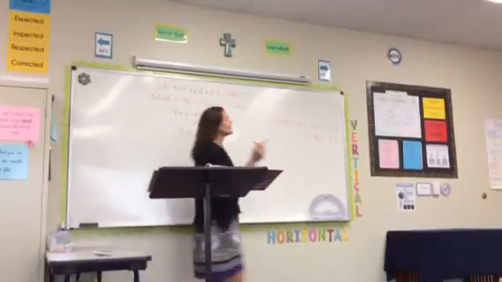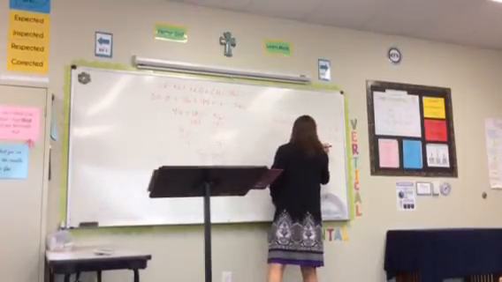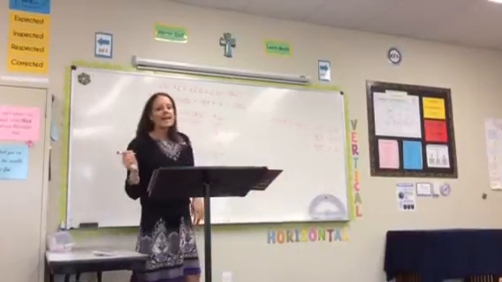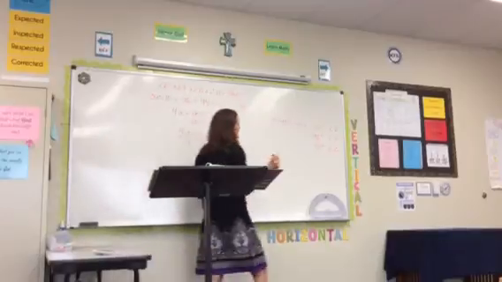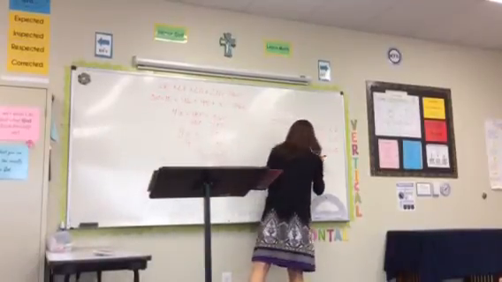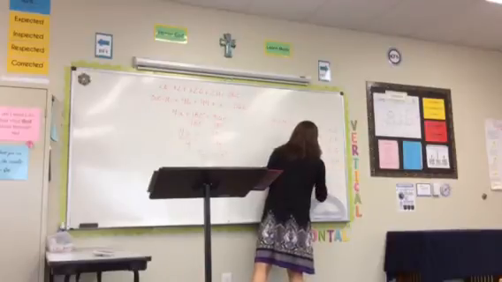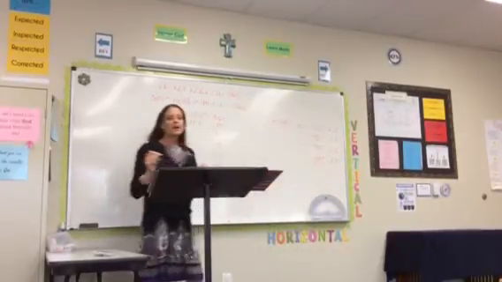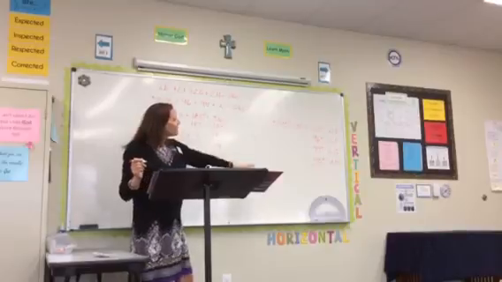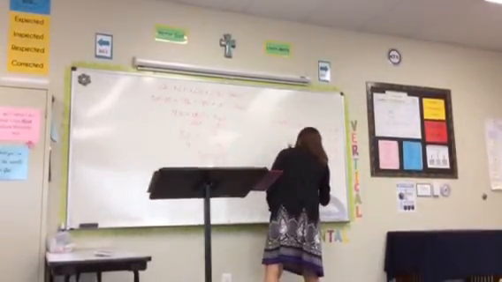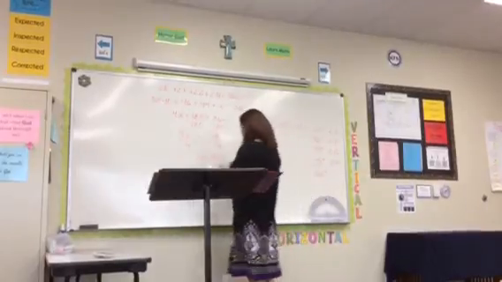Angle G was given to us at 94 degrees. And angle H is x, and our x is 45 degrees. To check our work, we can add up all of our angles, and we get 360 degrees.